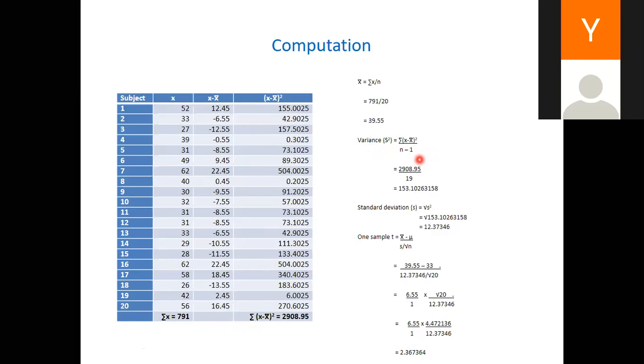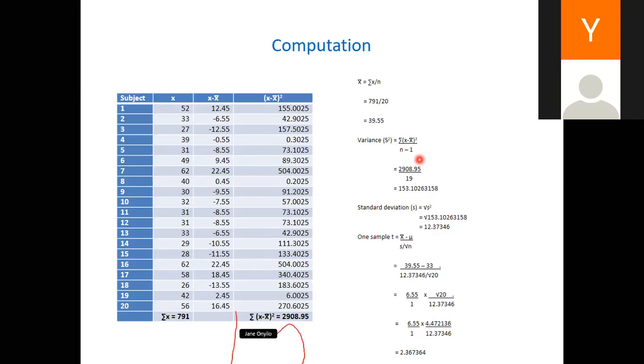The total is already fixed. So you have the mean, and the mean is already involved in this calculation. Not all of them can vary except the last one, because the total is fixed, because we have the mean and the number.